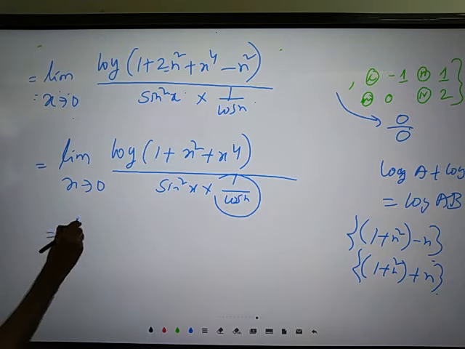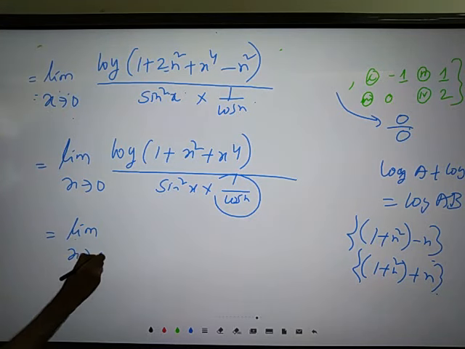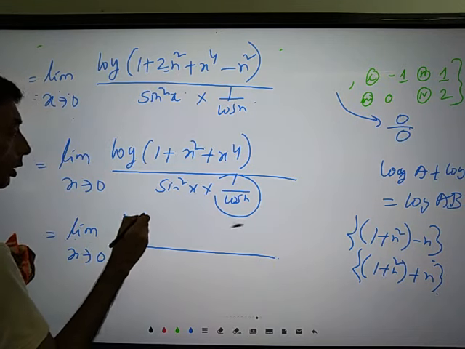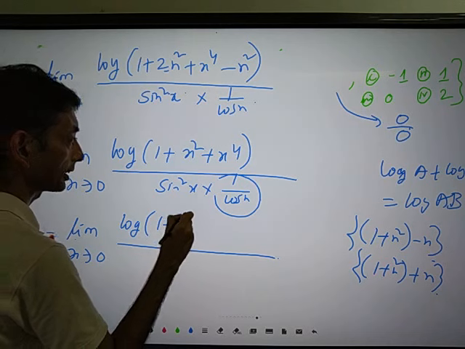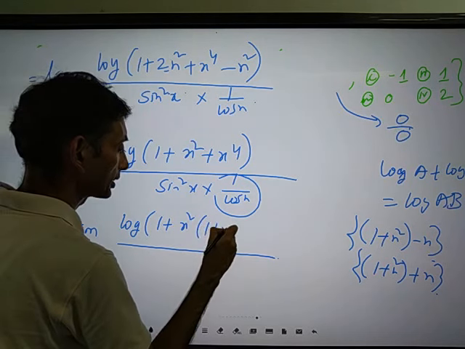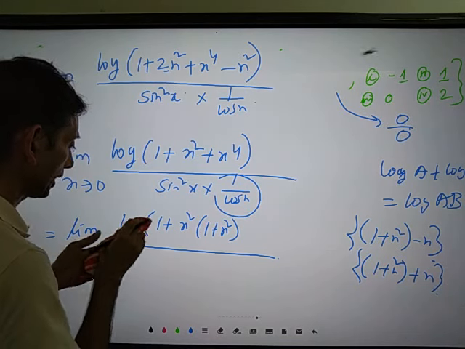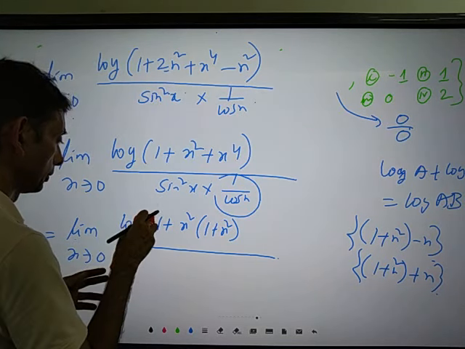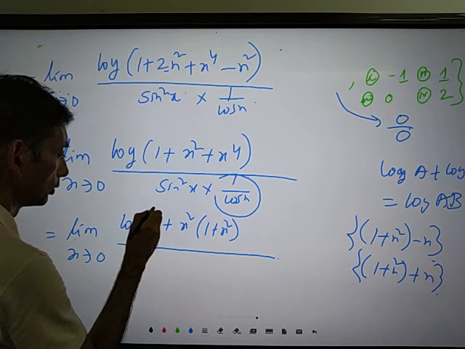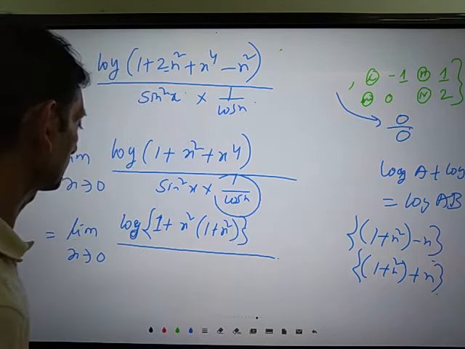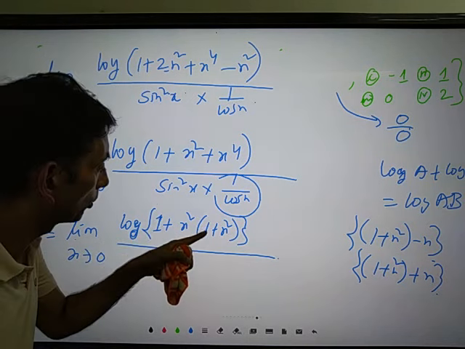The next step is quite interesting, right? Log. Okay, this is 1, that is x square, I will take common, 1 plus x square, right? Log 1 plus x square, and this is 1 plus x square.